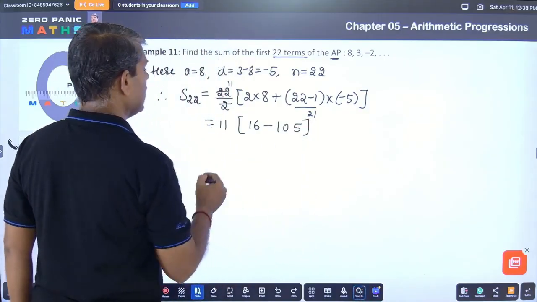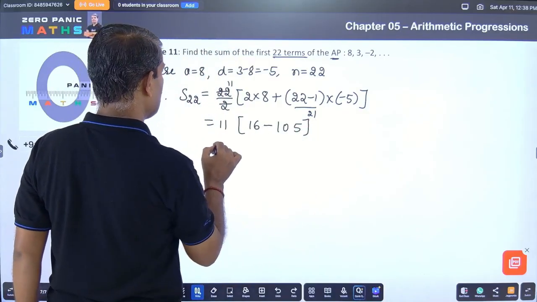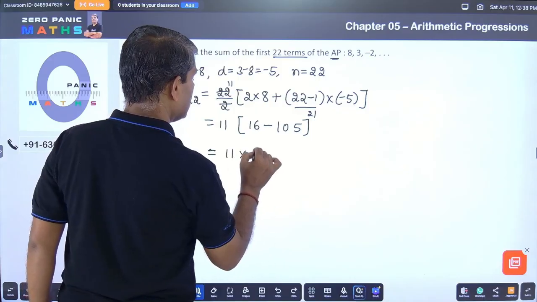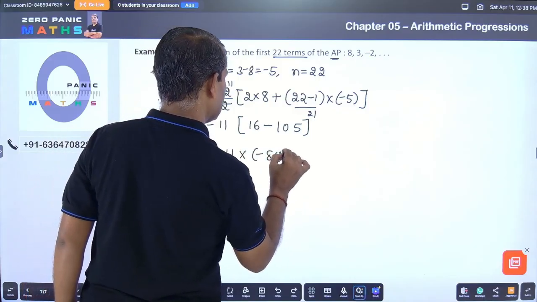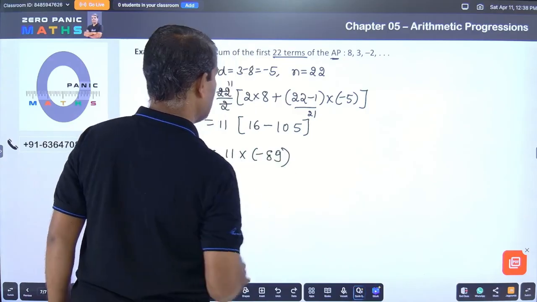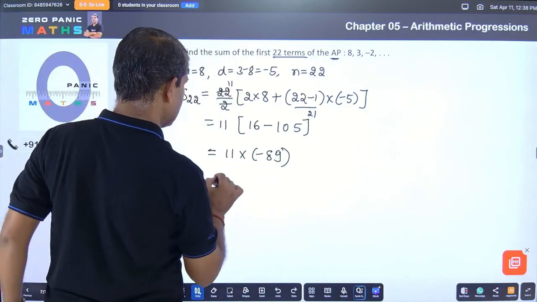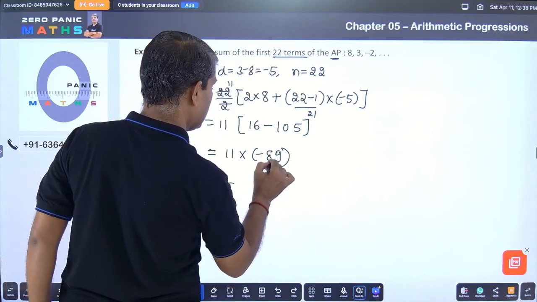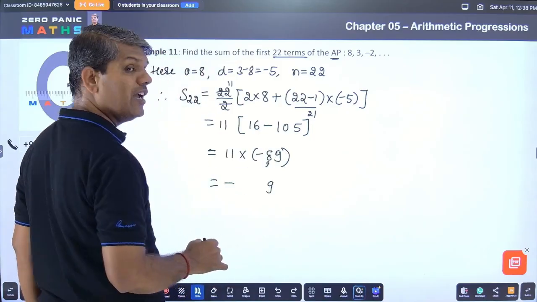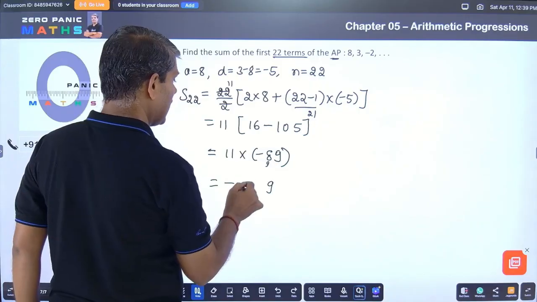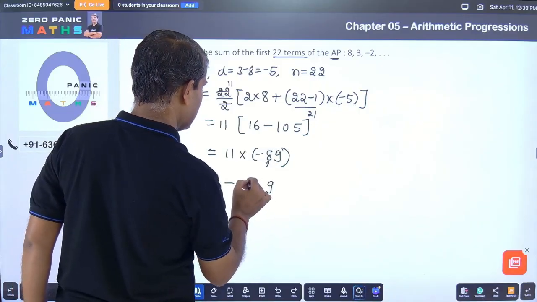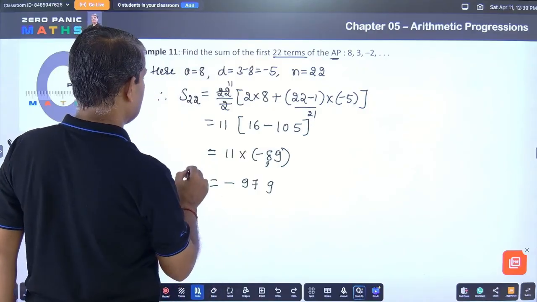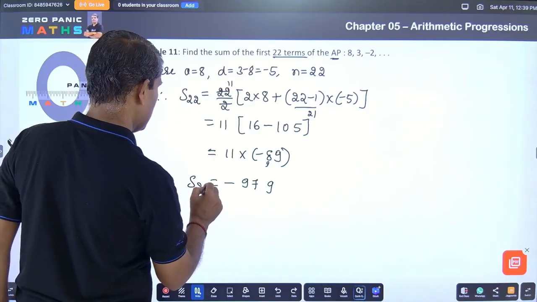What is 16 minus 105? It is minus 89. 11 multiplied by minus 89. 11 nines are 99, it will be minus only. 9 here. 11 eights are 88. 88 plus 9 is 97. So it is minus 979. Is it fine? So this is S22.